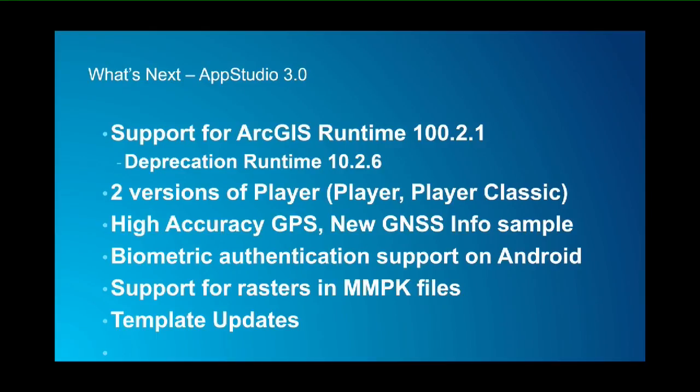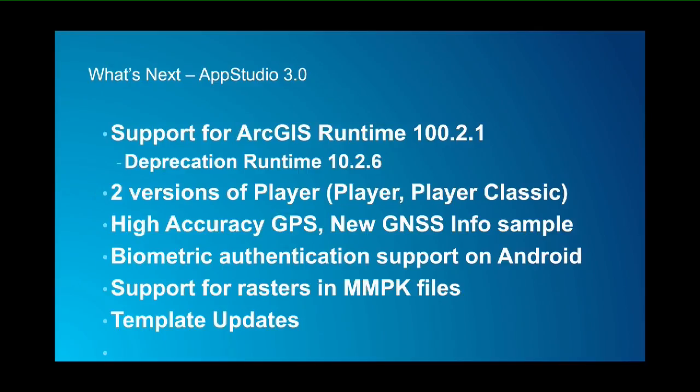So you'll see an AppStudio Player and an AppStudio Player Classic, which supports the older runtime. We've done a lot of work with high accuracy GNSS receivers and being able to read that information, a NMEA stream from a Bluetooth connected GNSS receiver, so something like an EOS or a Bad Elf or a Trimble or something, being able to read those streams into AppStudio.